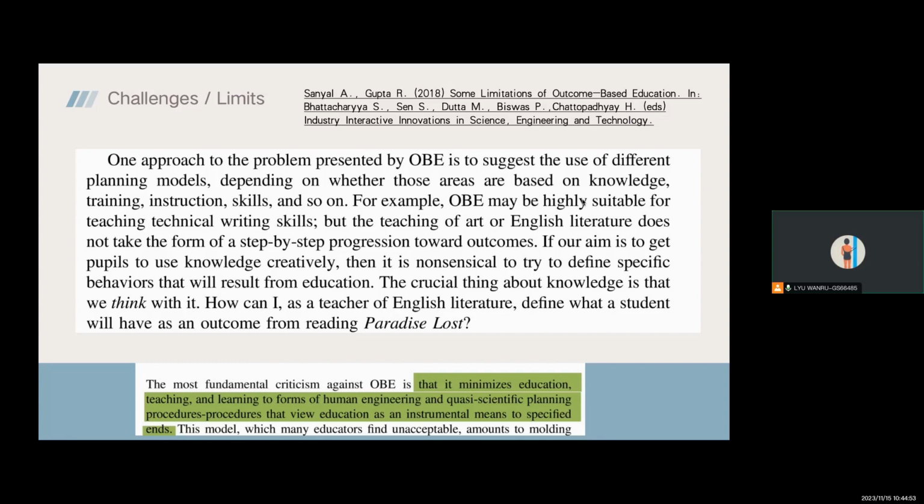She asked, how can I, as a teacher of English literature, define what a student will have as the outcome from reading Paradise Lost? Also, she says that this minimizes education, teaching, and learning, two forms of human engineering, which view education as an instrumental means to specific ends.